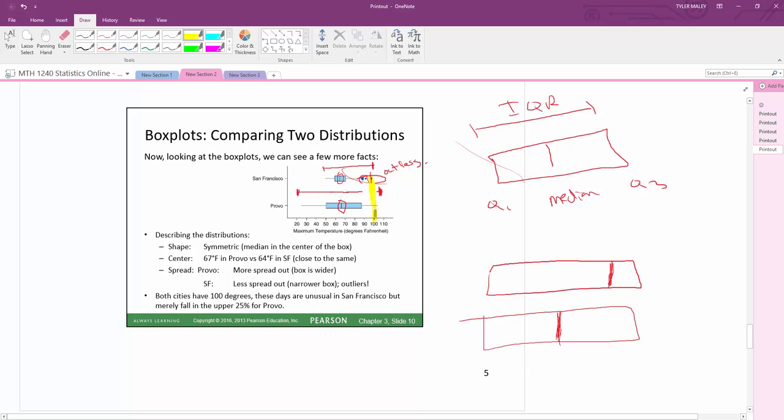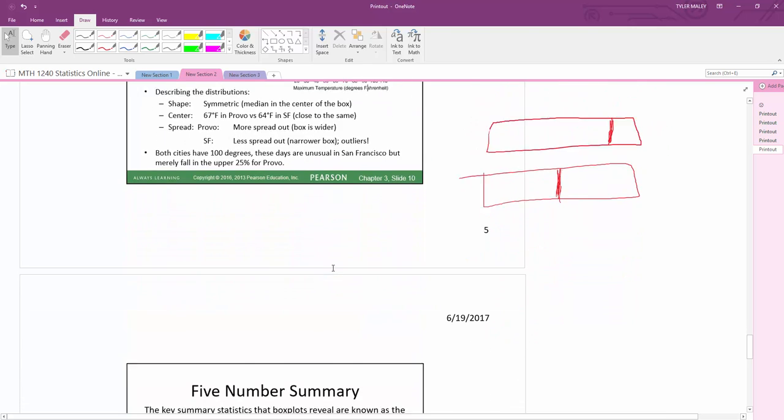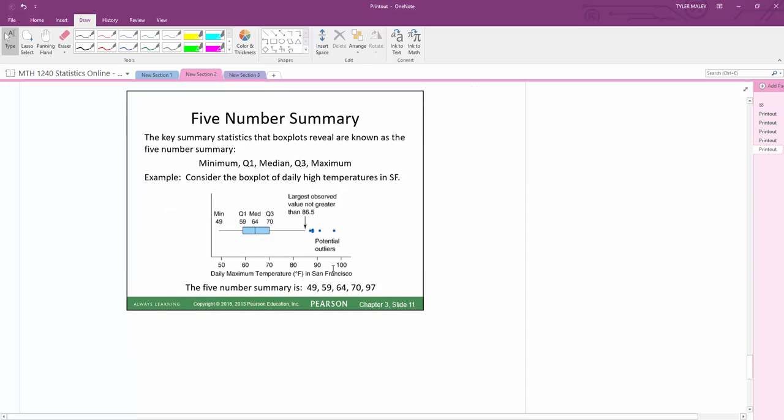But one thing that this box plot points out is that it's unusual for San Francisco, right? It doesn't seem like that happens very often for San Francisco to have temperatures around 100. But it's typical for Provo, right? It's not considered an outlier, right? So those are some ways to read a box plot.